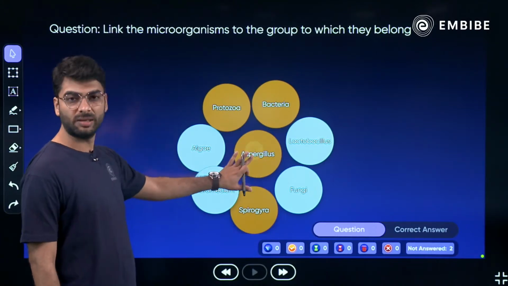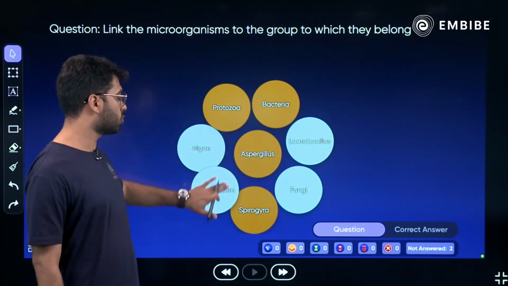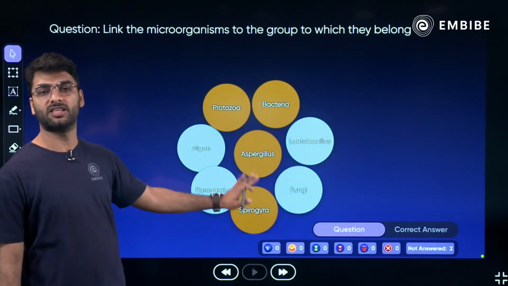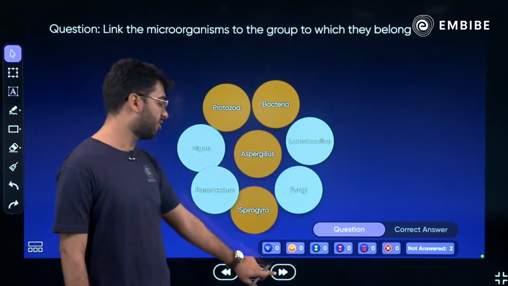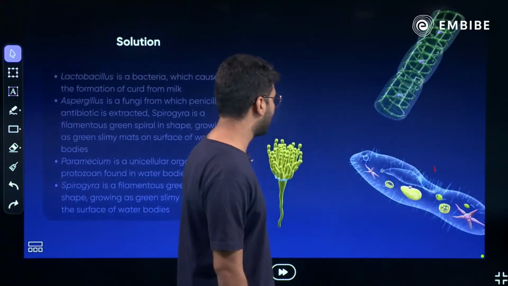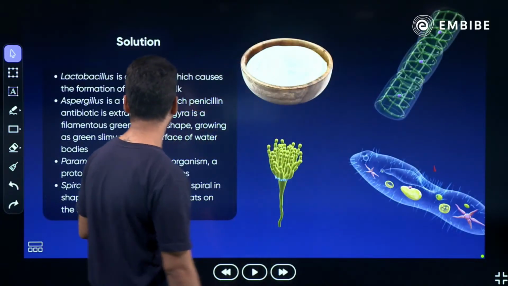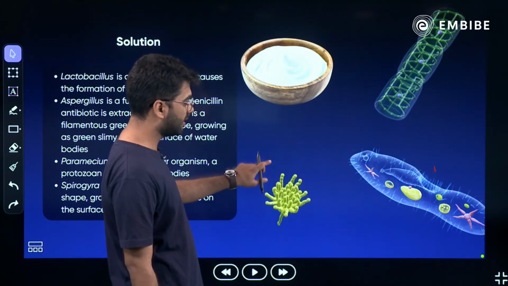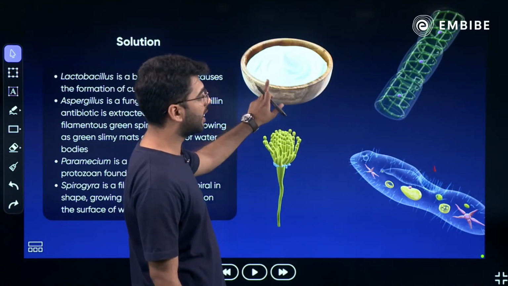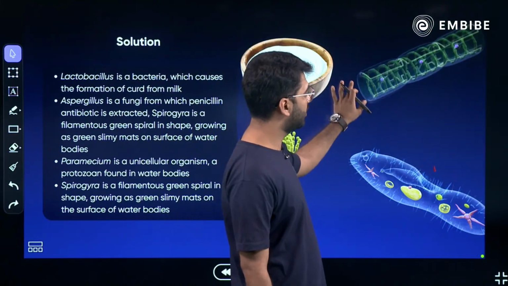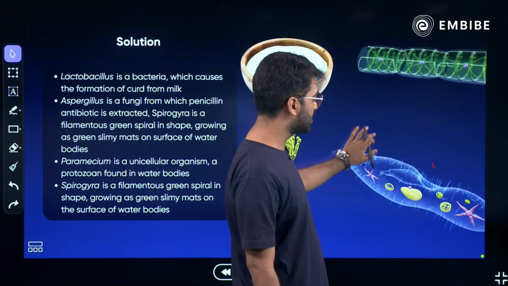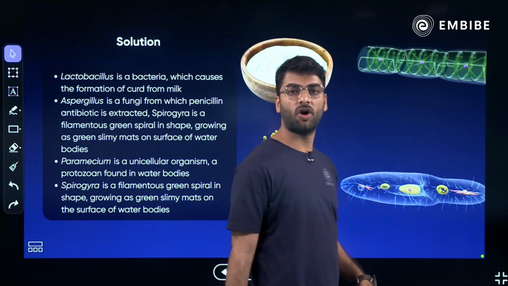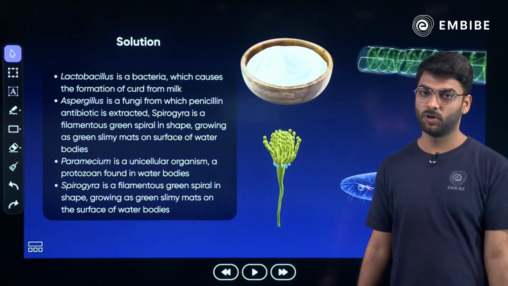Even if you don't know, you know that paramecium is protozoa and spirogyra is algae. I told you spirogyra, spirulina, they all are algae. So definitely fungi will be aspergillus. This is aspergillus, this is curd lactobacillus, this is spirogyra, your algae, and this is paramecium, your protozoan.